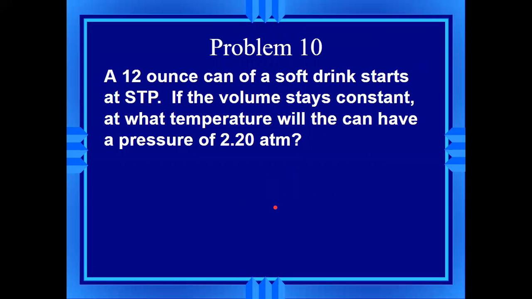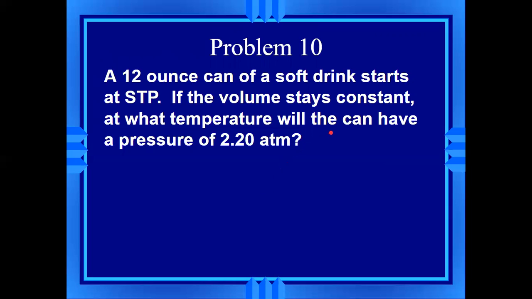So problem 10, a 12-ounce can of a soft drink at standard temperature and pressure. Remember, that's what STP stands for. So if you've forgotten what standard temperature and pressure is, you can always refer back to that first page on your reference table, where it will tell you what the temperature of a gas is at standard temperature and pressure and what the pressure of a gas is at standard temperature and pressure.